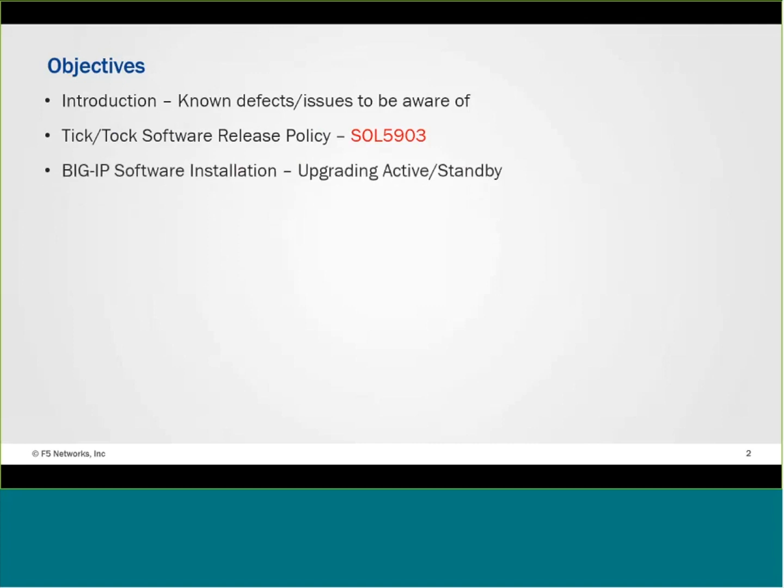In this presentation, we're going to take a look at a few known defects which you should be aware of, which are relevant to software upgrades. As I mentioned earlier, we'll take a very brief look at the new release policy. We will also take a look at how the upgrade process happens for the active and standby.